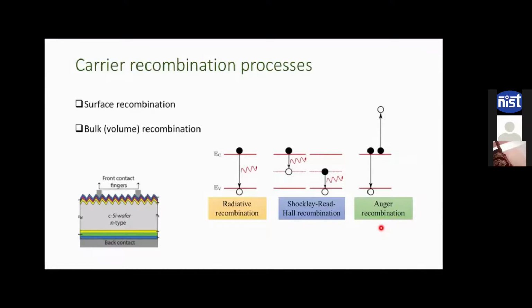Now let us see the most important type of recombination process, the trap-assisted recombination, called Shockley-Read-Hall recombination.